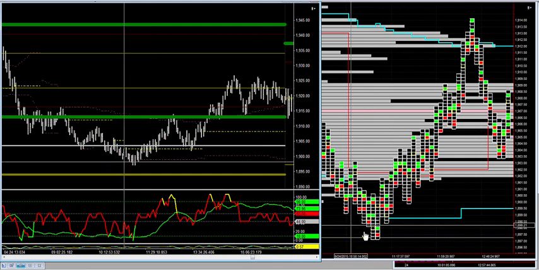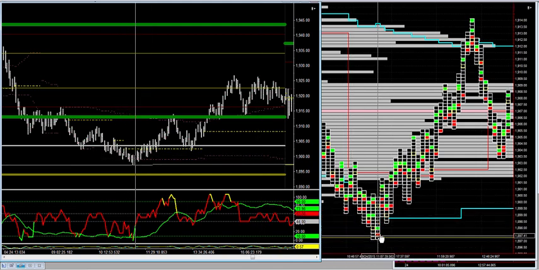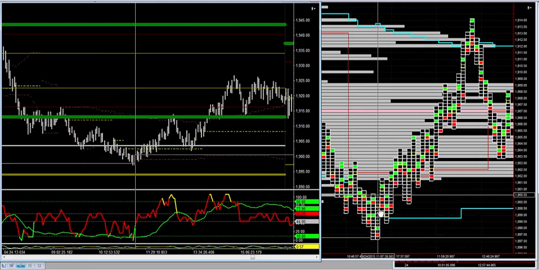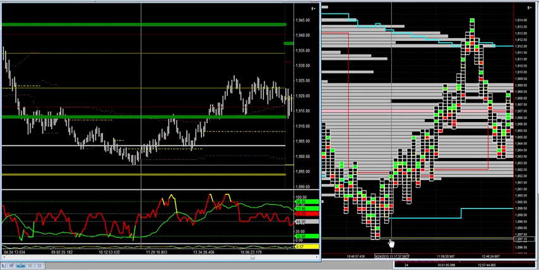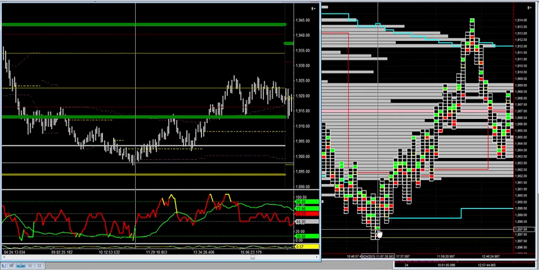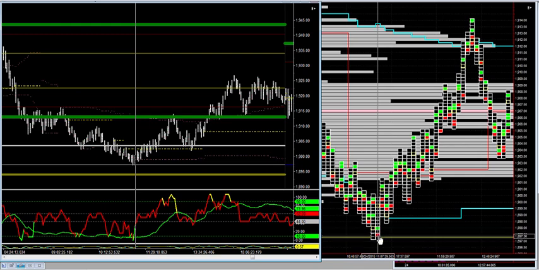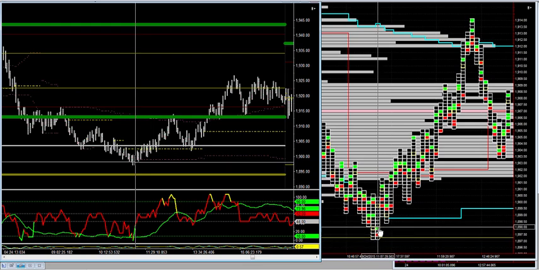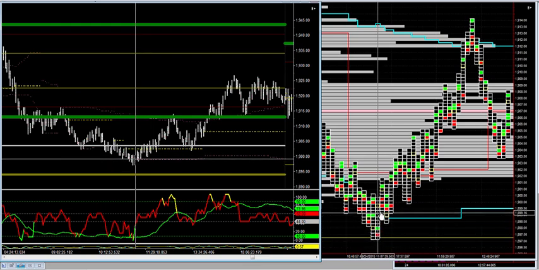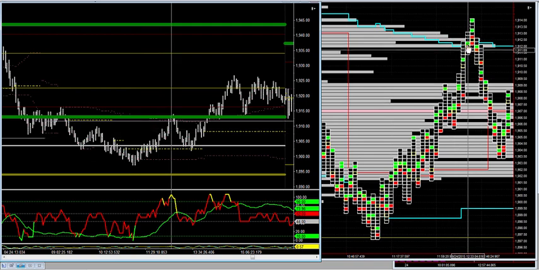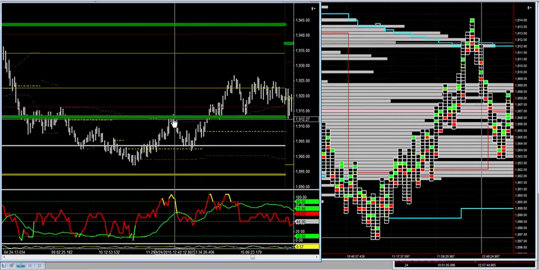Right here, market was down, value was in the lower area or not. It was here, and there was a trapped buyer on the other side of the value. The value should be on the red box, or red box should be below the yellow box. Market moves up, the guy is gone, trapped. It's over 20 points.